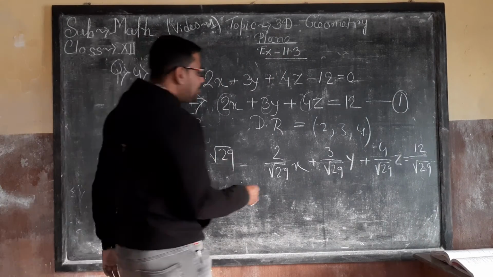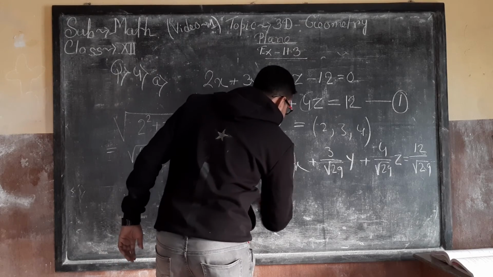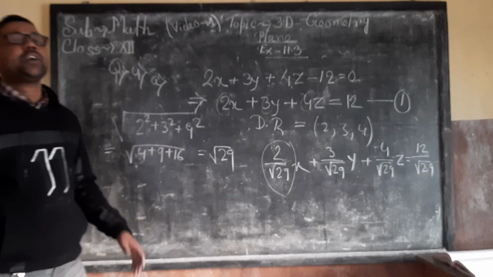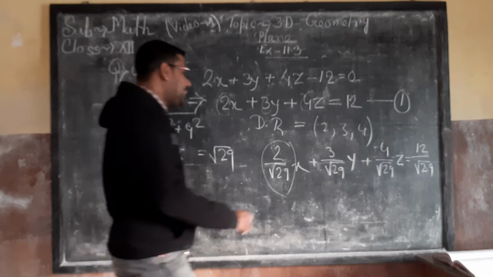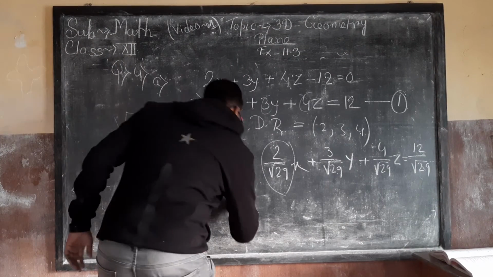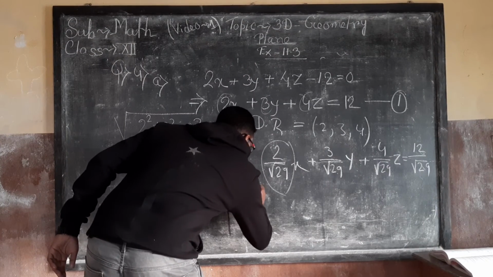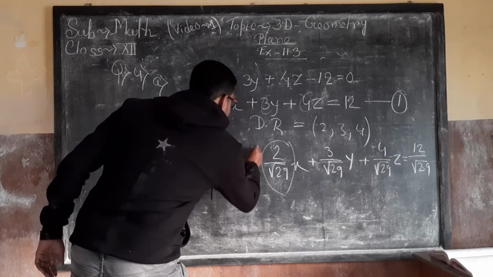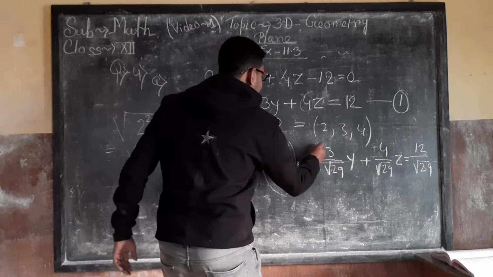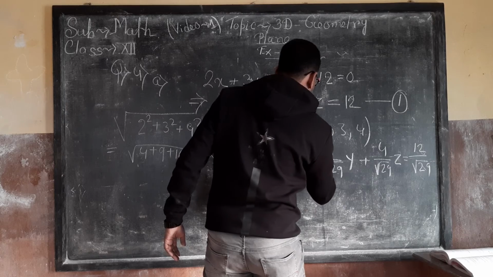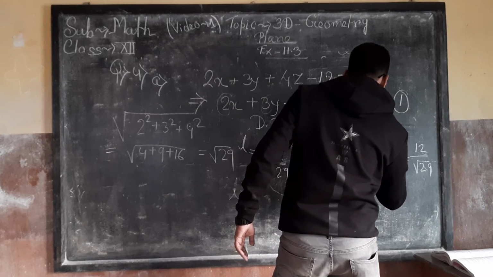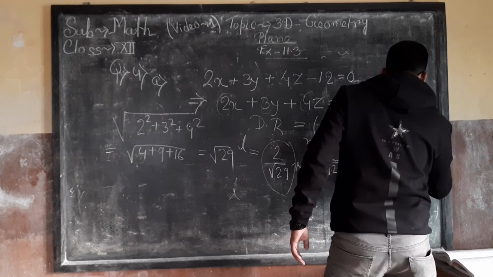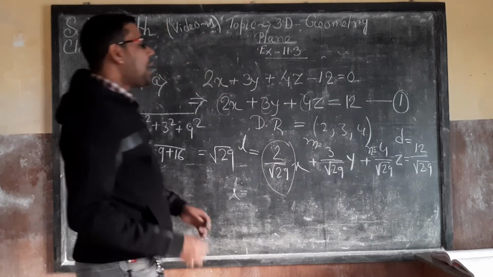We are already familiar with that. It is nothing but the direction cosine of the normal to the plane. That means this is our l, this is m, and this is n. And this is the value for d.